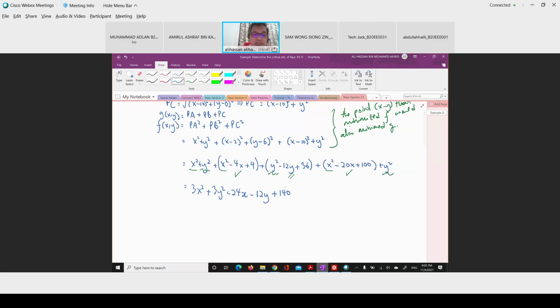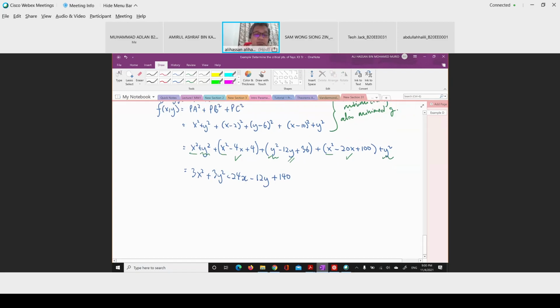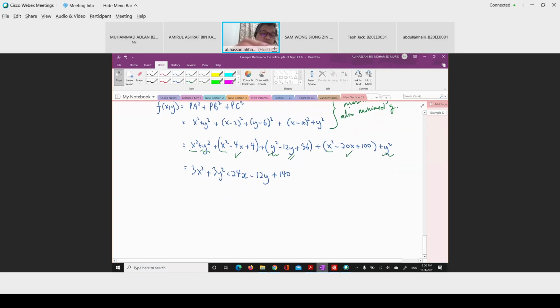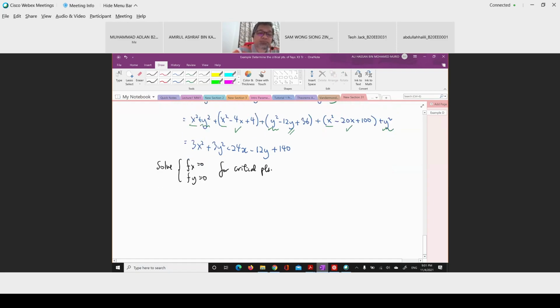Okay, now we try to find the critical points, and then we solve this set of equations. What is f partial x? From our f(x, y), it is 6x minus 24. What about the second equation? f partial y equal to 0: 6y minus 12.